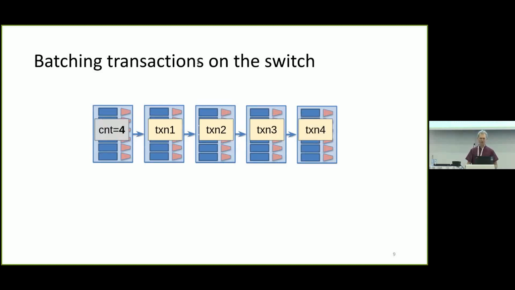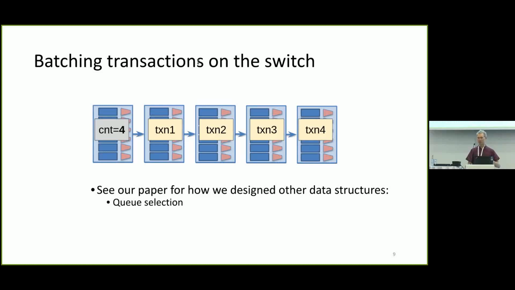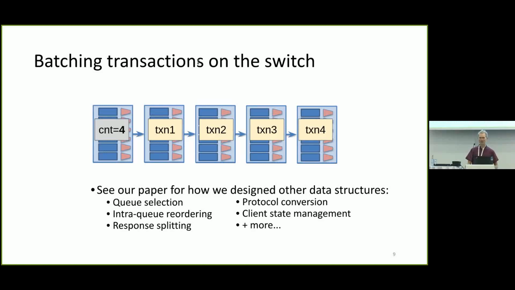We implemented different types of algorithms on the switch, and each of these presents different challenges. Like we implemented queue selection, intra-queue reordering, response splitting, and many more protocols or algorithms. And each of these presents different challenges in how we have to use these resources on the switch.